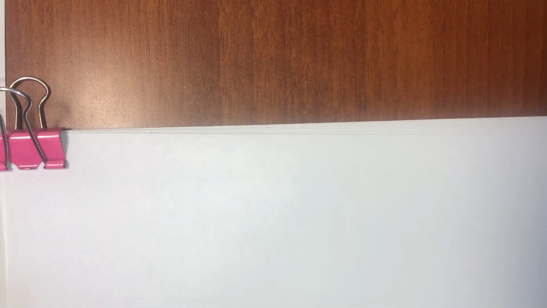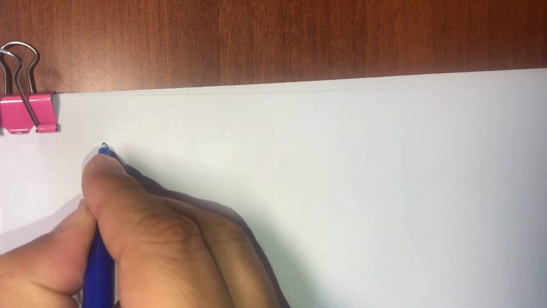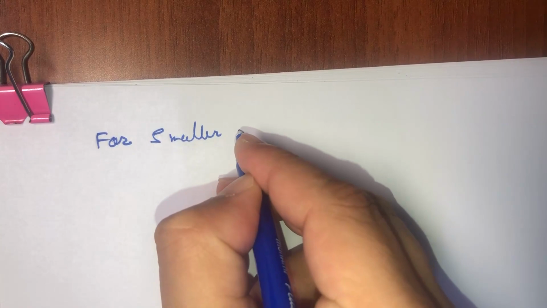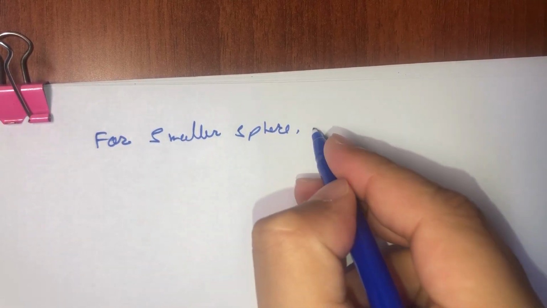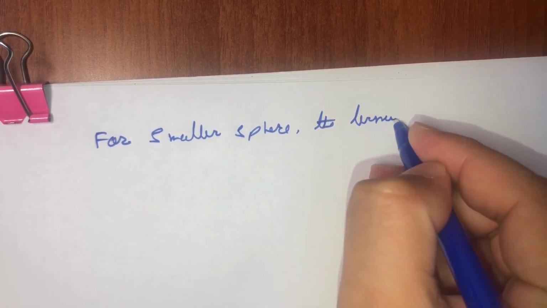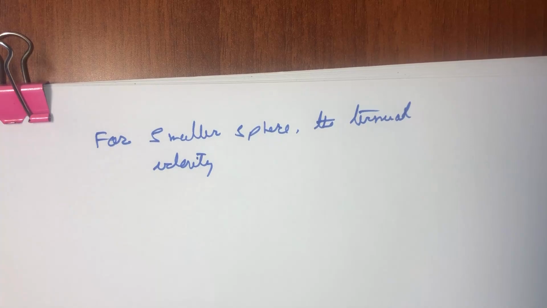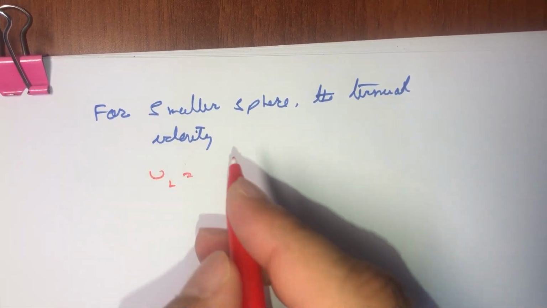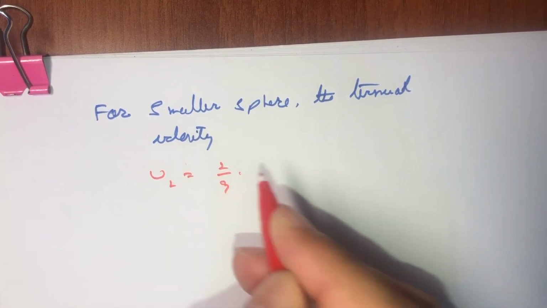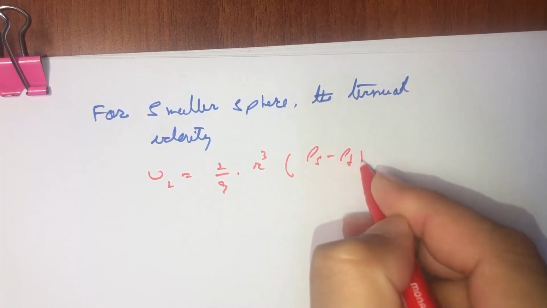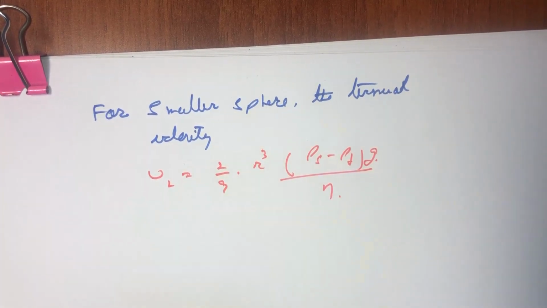And for the broken one, we are given that its terminal velocity is v2. So for the smaller sphere, the terminal velocity will be given as v2. v2 will be equal to 2 by 9 r square (rho s minus rho f) multiplied by g and divided by nu.